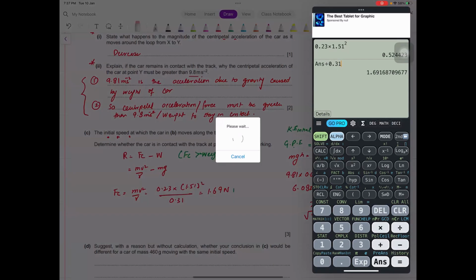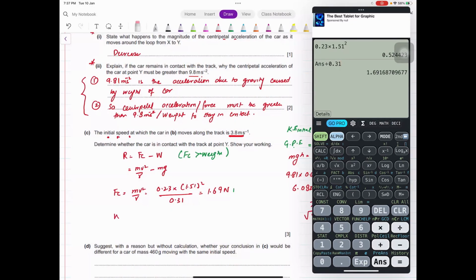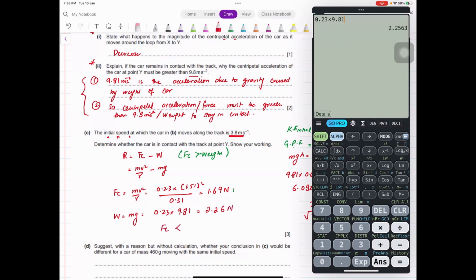And now if you find the weight, which is equal to mg, it is going to be 0.23 times 9.81. So it is 2.25 or 2.26, right, Gatika? Yes, sir. Then centripetal force is less than weight, so obviously it cannot stay in contact. Got it. For contact, you should have at least this as 0 or greater. Do you understand? Yes, sir, got it.